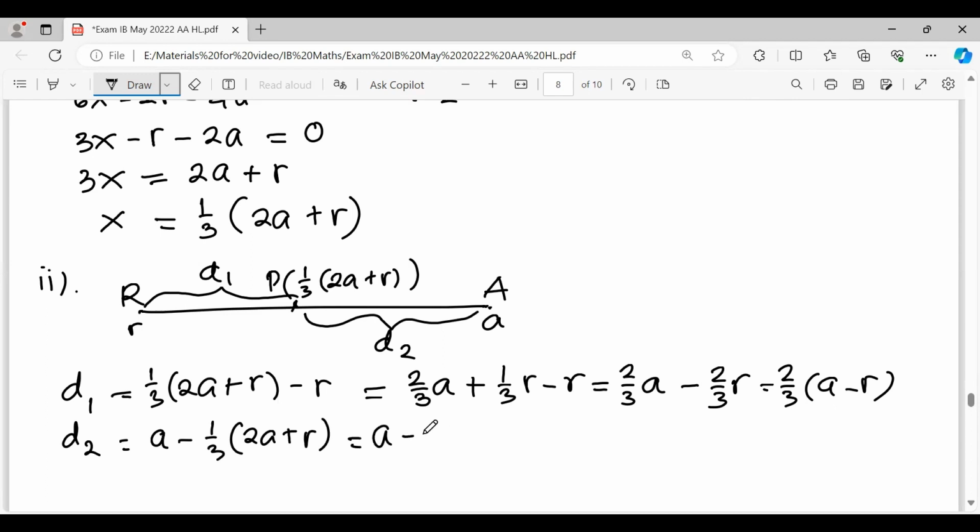So a minus 2/3 a minus 1/3 r becomes 1/3 a minus 1/3 r, or 1/3 (a minus r).